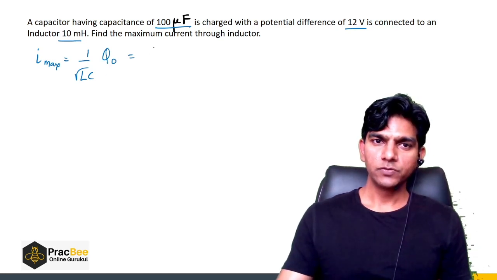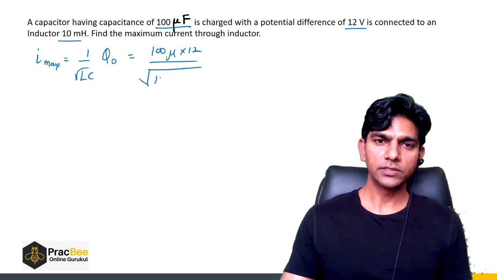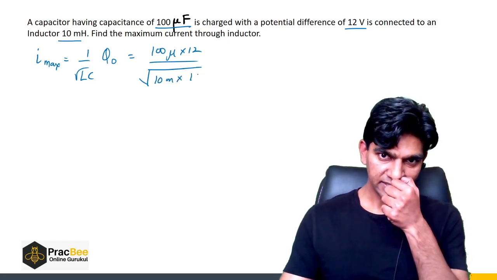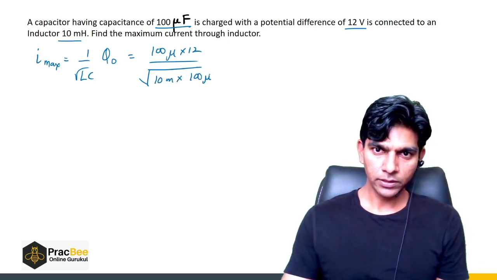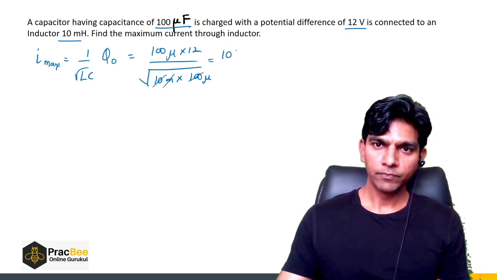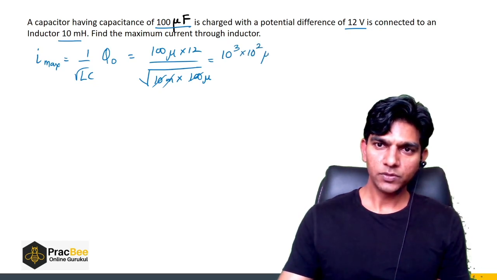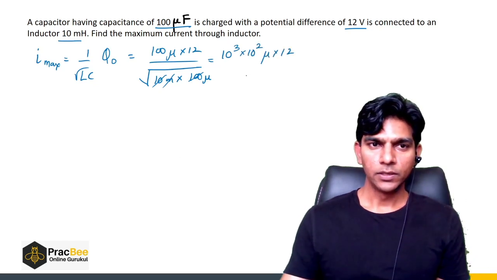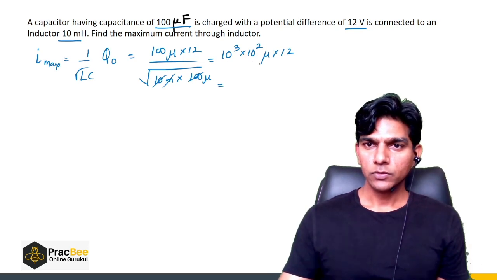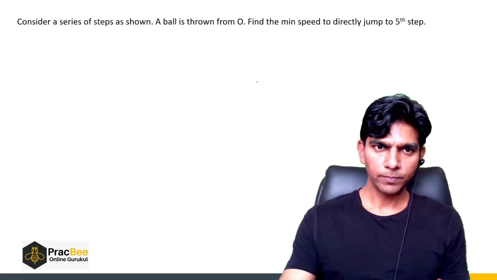So maximum charge will be what? We have 100 microfarad times 12 divided by root LC. L is given as 10 millihenry, C is given as 100 microfarad. So from here, this milli will get cancelled out and we have 10 raised to power 3 into 10 raised to power 2 times micro times 12. So this comes out to be how much? 1.2 ampere, right? Again, very basic question.